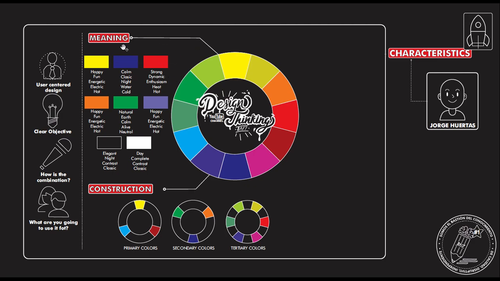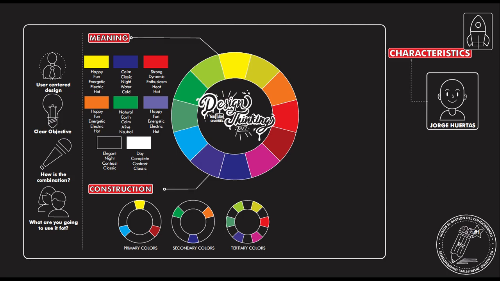The blue is always related with something that is calm, classic, related with the night, related with water, and it's a cold color. The red one is usually related with something that is strong, dynamic, enthusiasm, heat, hot.